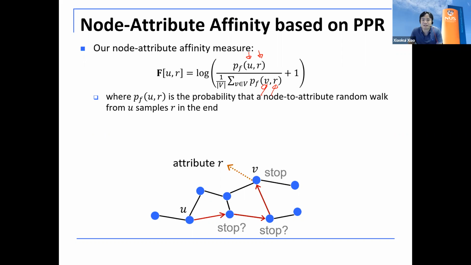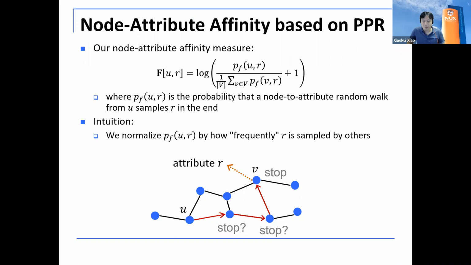So in that case, there should not be a high affinity between the node and the attribute. So that's why in our formulation of this node to attribute affinity, we actually do a bit of normalization based on the relative strength of the association. And we also apply some logs and some constants to make sure that the resulting value is something within a reasonable range. So that's how we formulate the affinity from nodes to attribute in our approach.